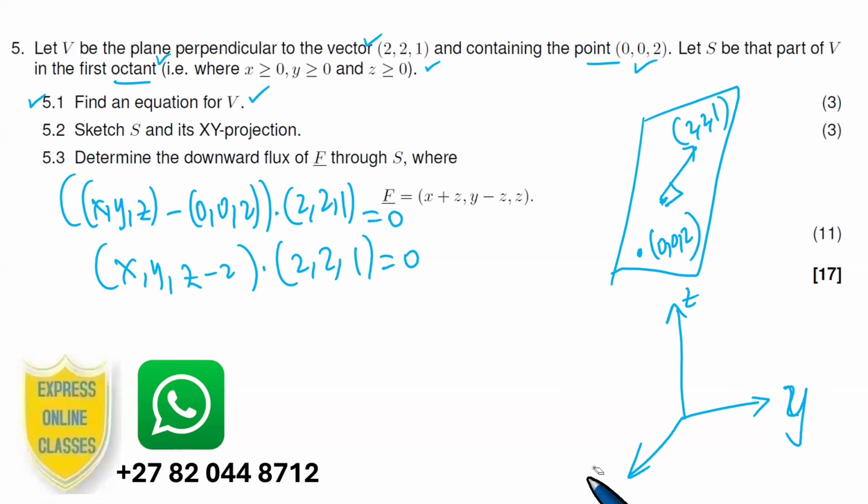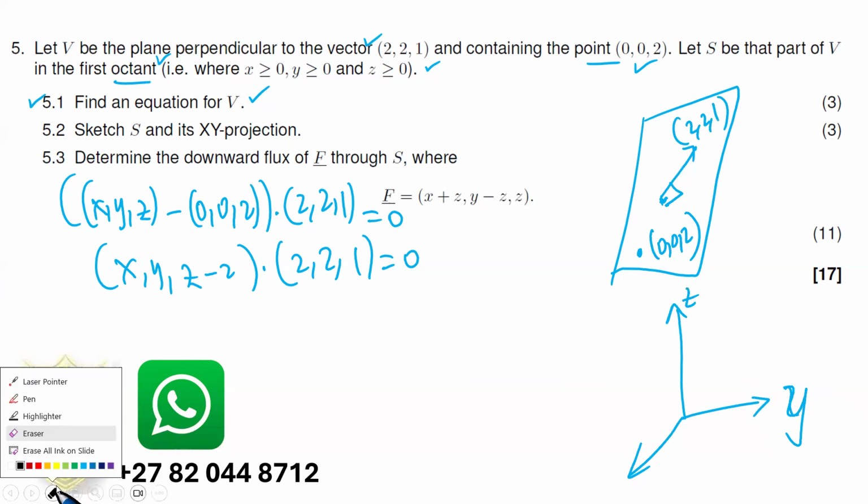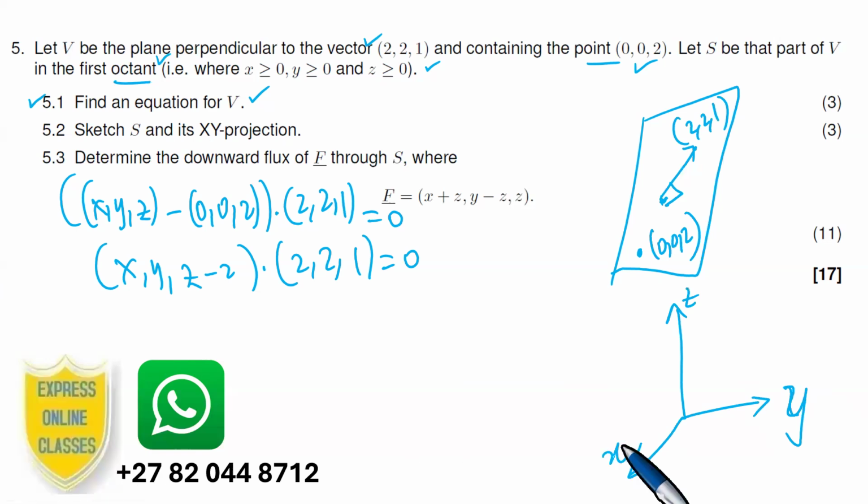A quadrant is four, an octant is eight. Octant has to do with the eight regions that you get in 3D space.